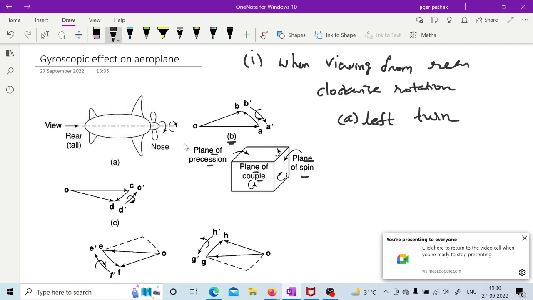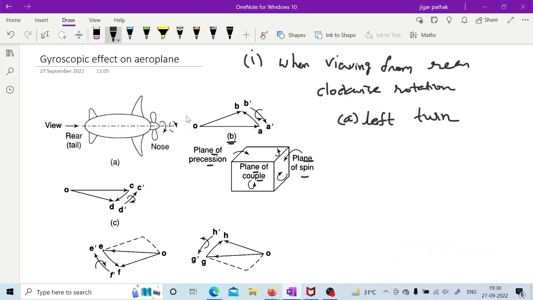Whenever this aeroplane takes a left turn, this will be the active gyroscopic couple AB, which is mentioned here, and the active gyroscopic couple will be clockwise, right?